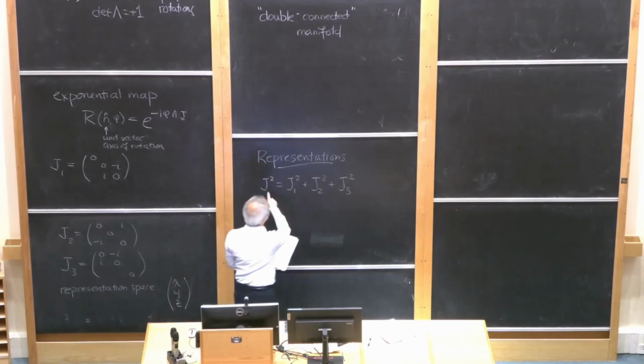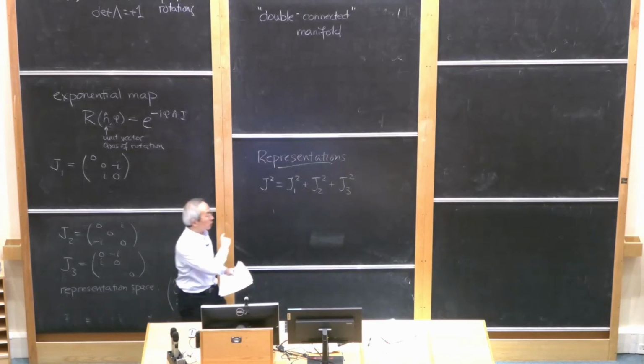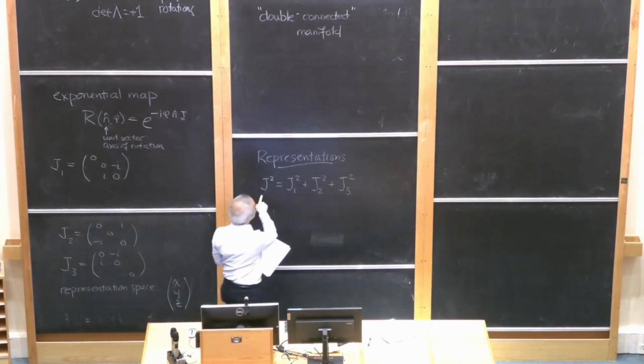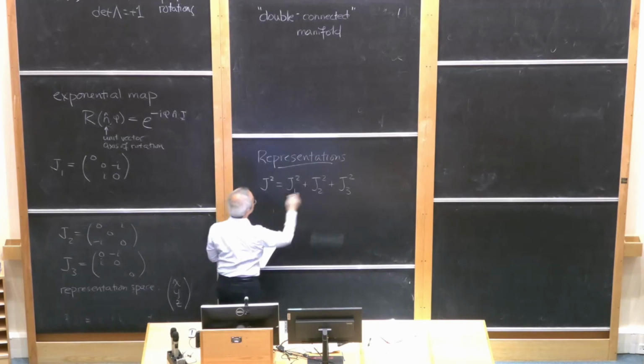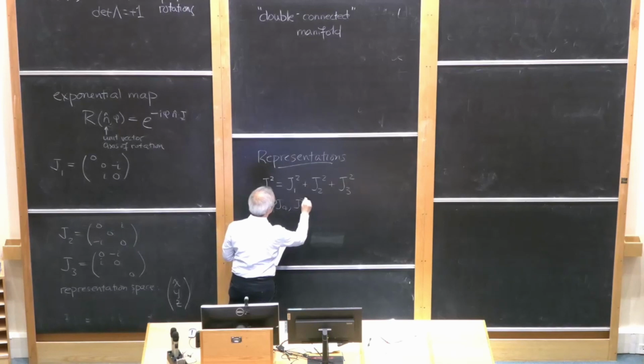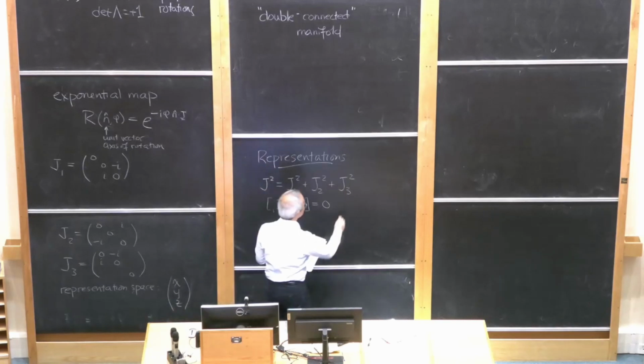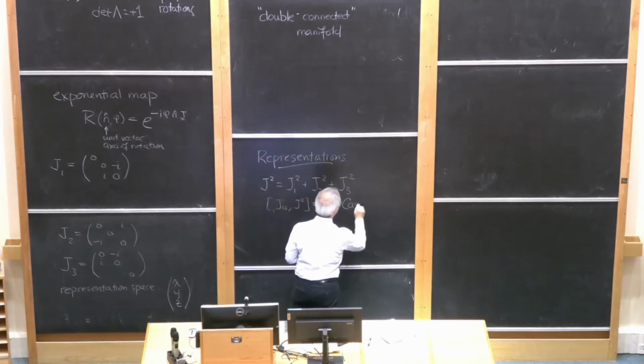So you have your total J squared generator, and this thing actually commutes with all of the J1, J2, and J3. So this is what we call the Casimir operator.